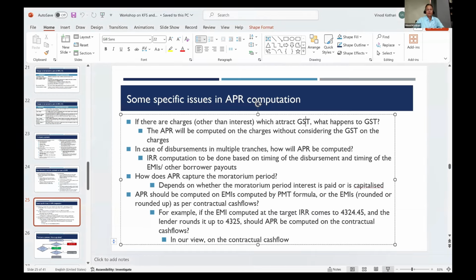If the borrower cash flows are not at uniform periods of time, can we use the nominal formula or XIRR? XIRR is higher than APR, because XIRR is an annually compounded rate. If you compute XIRR on Excel, you'll find it's higher, at least 0.5% higher than the APR.